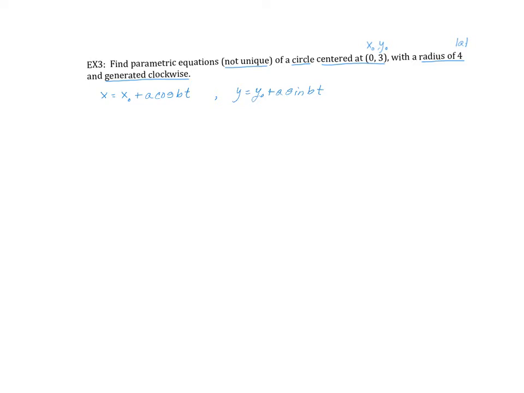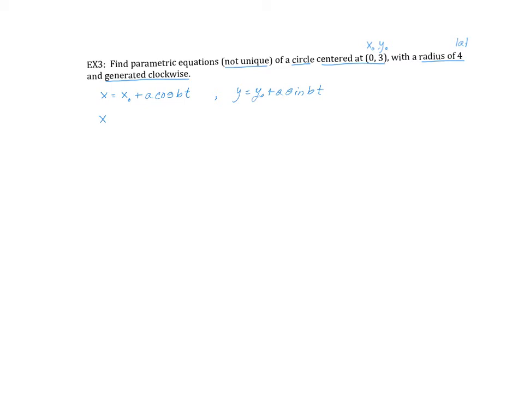Since it's generated clockwise, I have two choices. Well, actually I have more than that, but the two most common things I could do is exchange the cosine and the sine, or make sure that my b value is negative. So I'm going to choose that second technique, because we had already exchanged sine and cosine in the previous example.